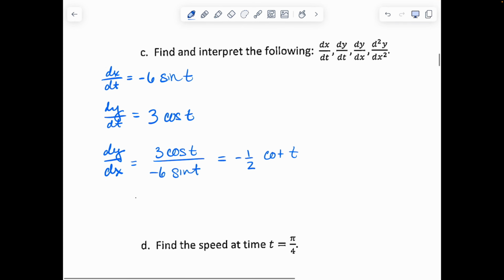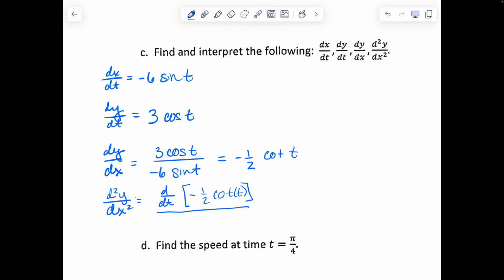And now the second derivative. So I'm doing the derivative d/dt of negative 1/2 cotangent of t divided by dx/dt.